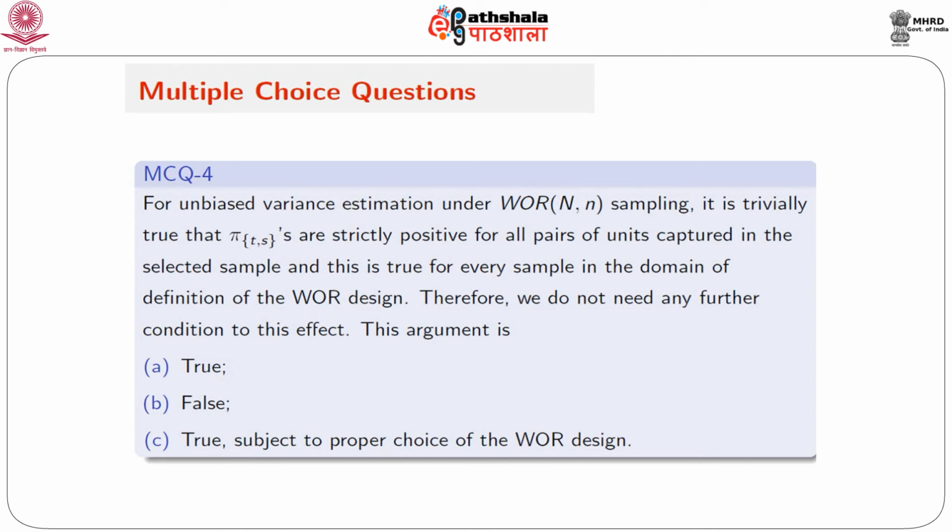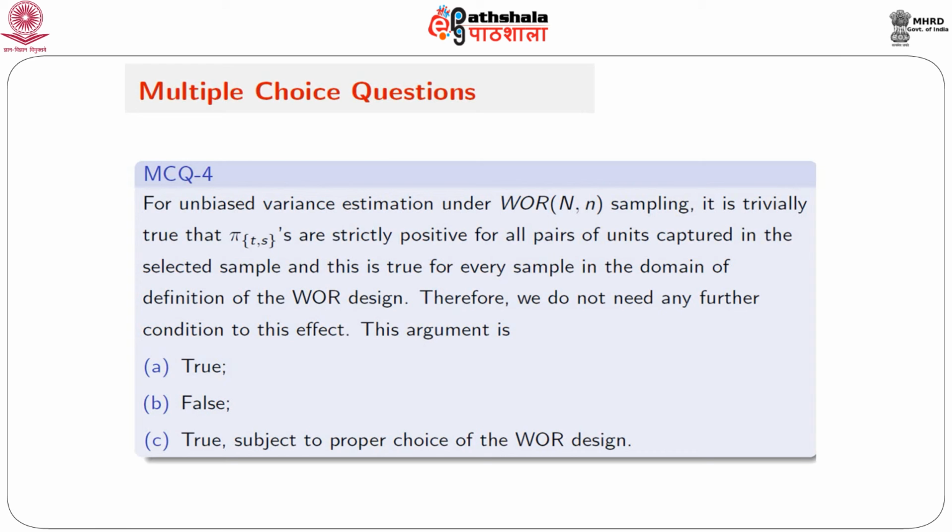This argument is true, false, or true subject to the proper choice of the without replacement design. Okay, let's try to understand the question. It is trivially true that for all the pairs of units captured in the selected sample, pi ij's are positive.